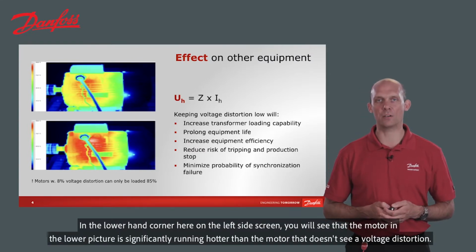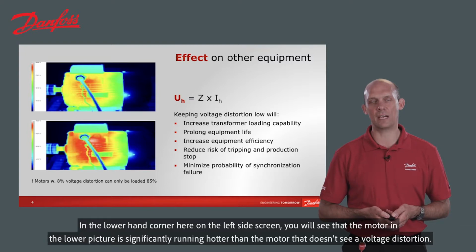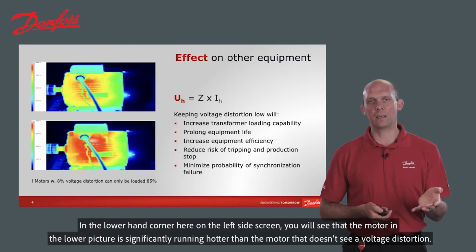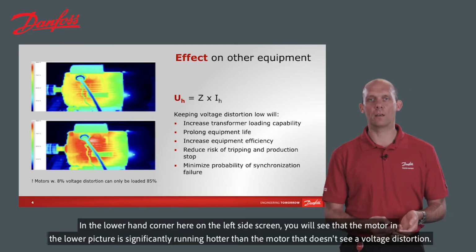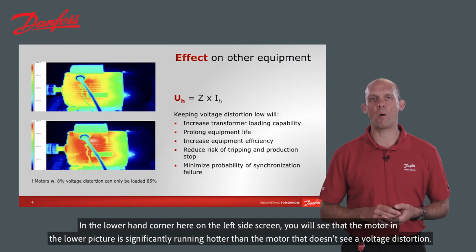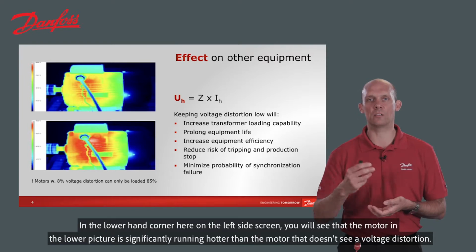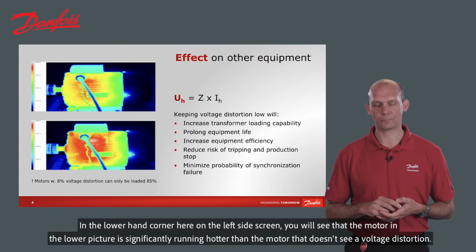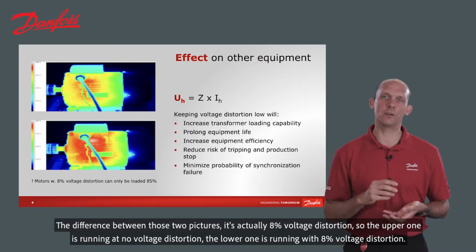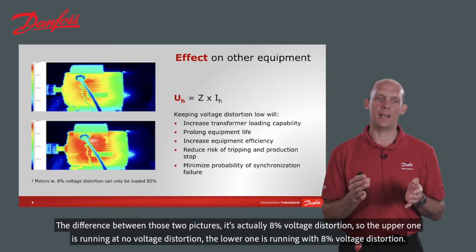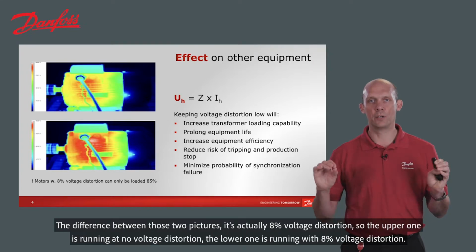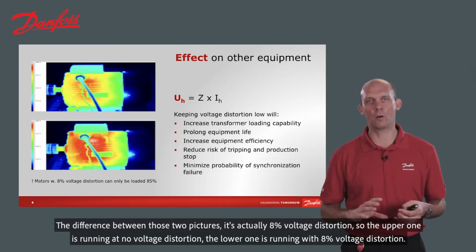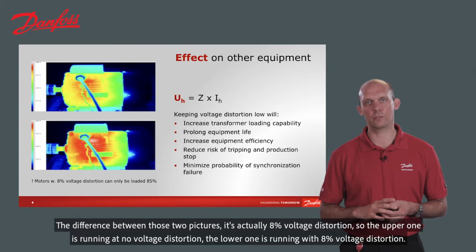In the lower corner here on your left side of the screen, you will see that the motor in the lower picture is significantly running hotter than the motor that doesn't see a voltage distortion. The difference between those two pictures is actually 8% voltage distortion. So the upper one is running at no voltage distortion, the lower one is running with 8% voltage distortion.